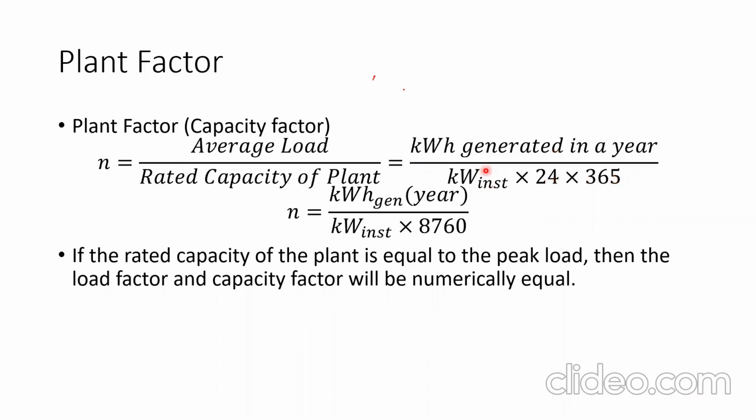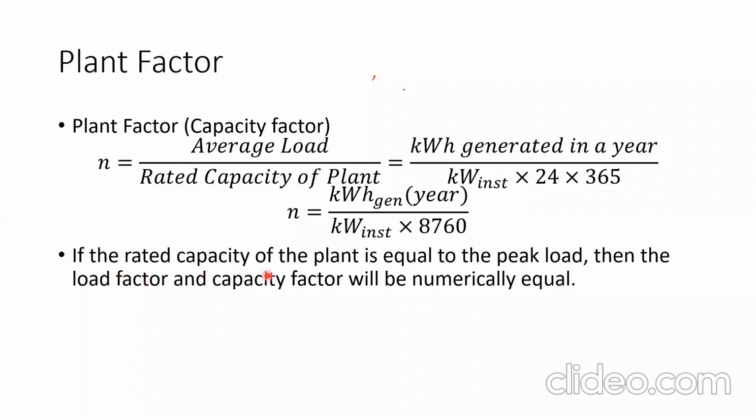Total hours in a year is 8760. So n is equal to kWh generated in a year divided by kW installed times 8760. Capacity is given in terms of power, megawatt or kW, and when multiplied by 8760, you get energy. The symbol of plant factor is small n.